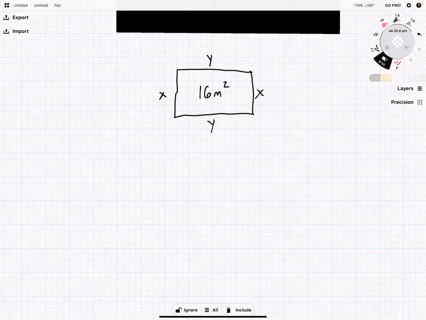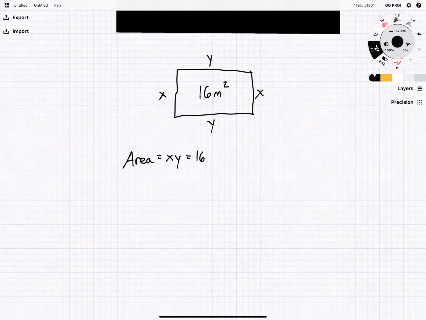One of the best ways to get started with this is just to go with what we're given. What we know for a fact is that the area is equal to x times y, which is equal to 16 meters squared.